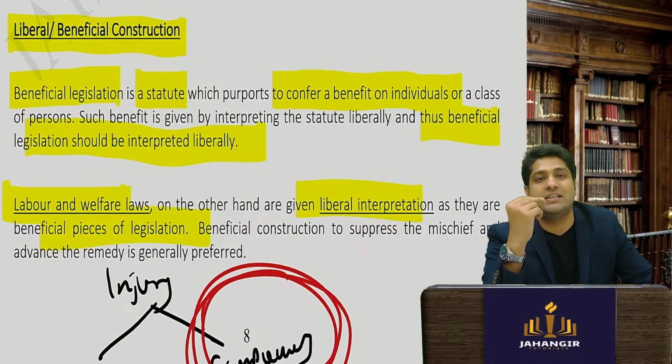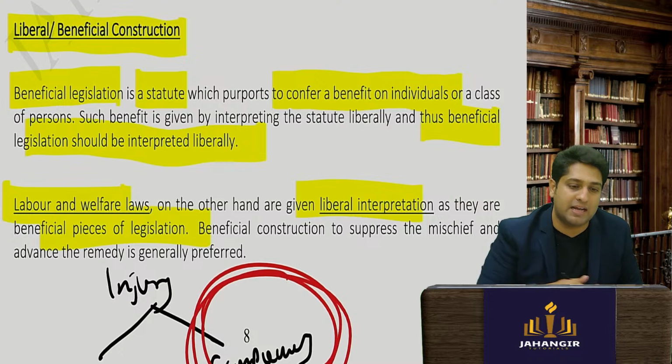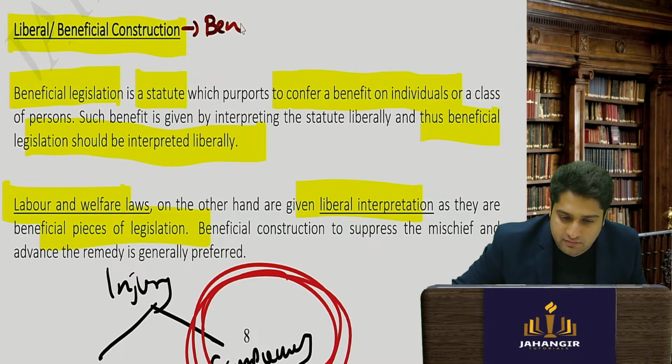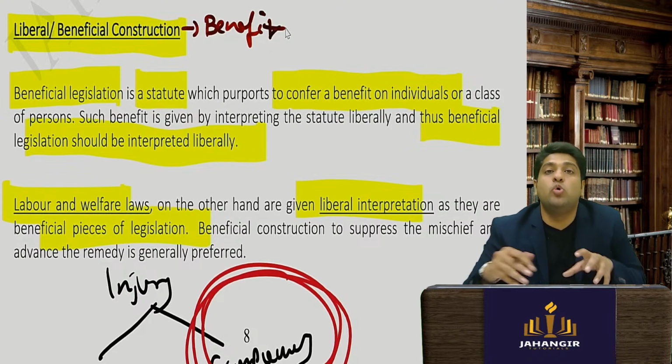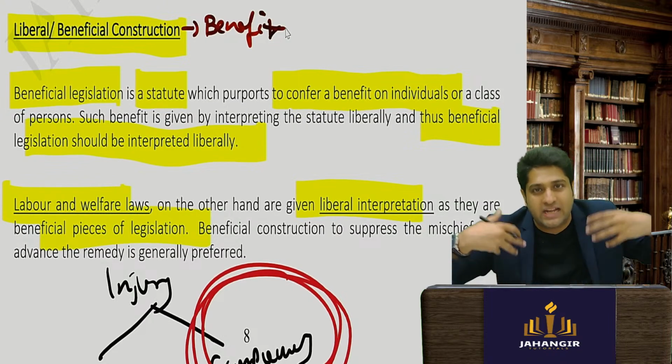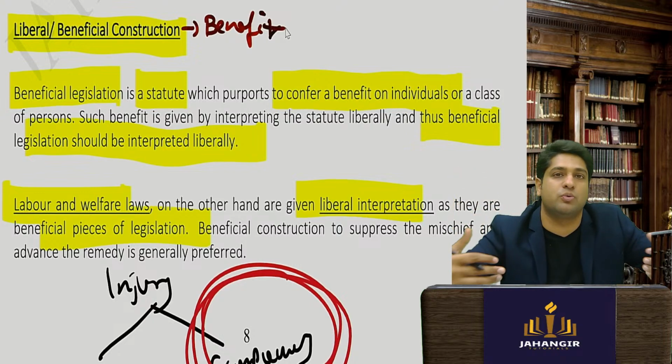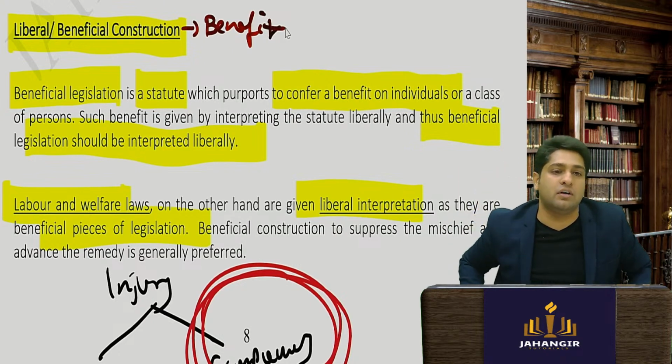Now the second, this was strict interpretation. But for anything which has benefit, we can loosen the meaning of the words and try to extend the provisions and meanings, and give a benefit.